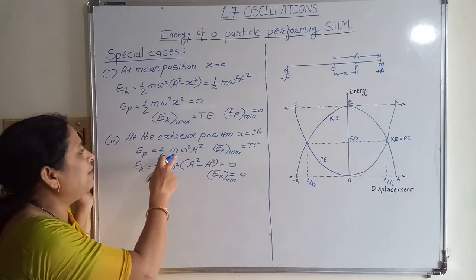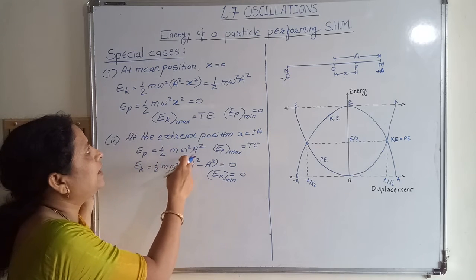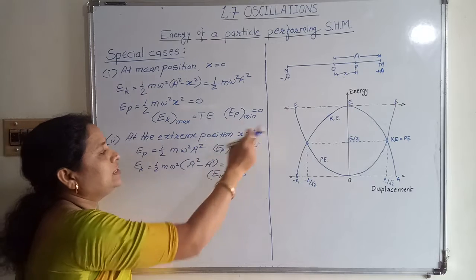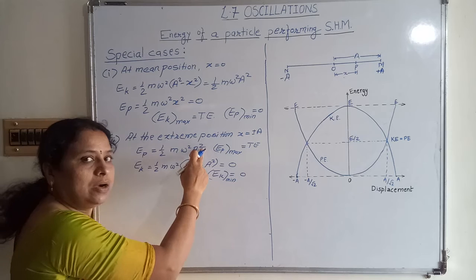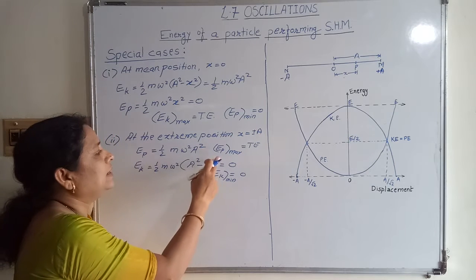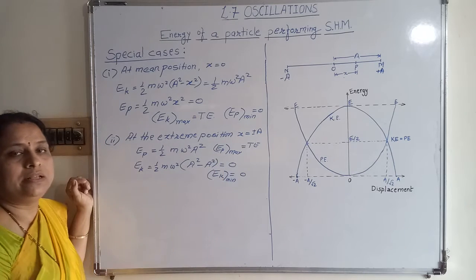When we put that value here, we get the potential energy equal to half m omega square a square, because x is equal to a. Again it is equal to the total energy. So we can say the total energy is equal to the potential energy.